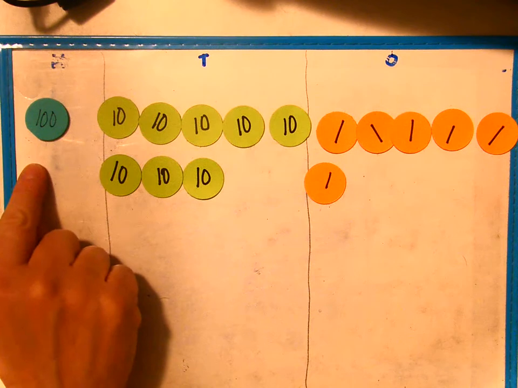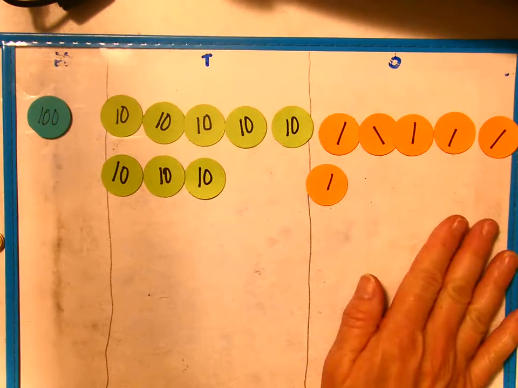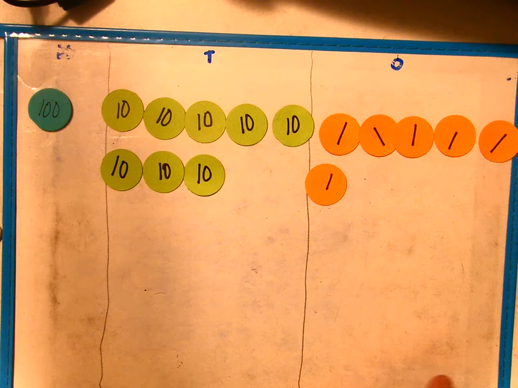So we have 100, 8 tens, 6 ones, 186, and we are taking away 39.